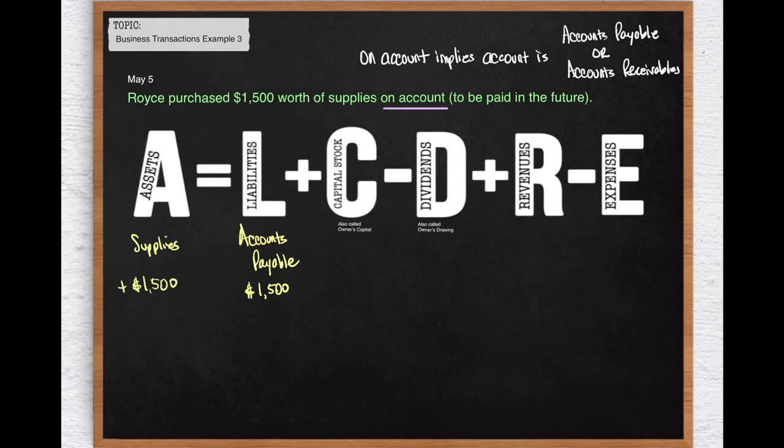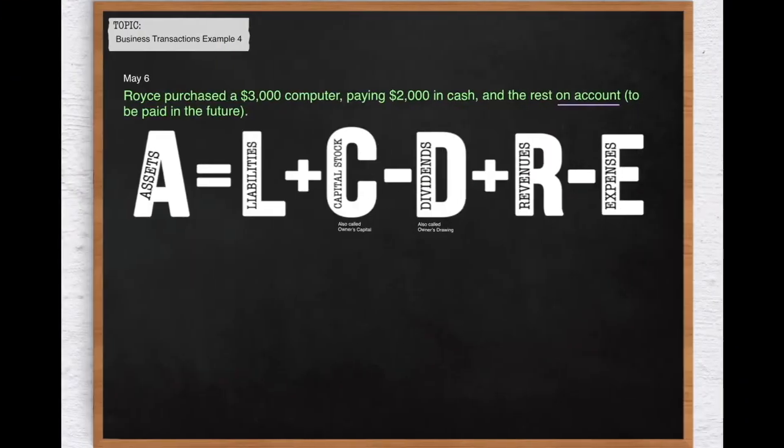That's accounts payable, $1,500. And then you want to record supplies. He owns those supplies now, so that's $1,500 on the left side. Your accounting equation balances, $1,500 on the left and $1,500 on the right, and they're both positive numbers. Why is accounts payable positive? Because his expectation to pay just went up after he got those supplies.